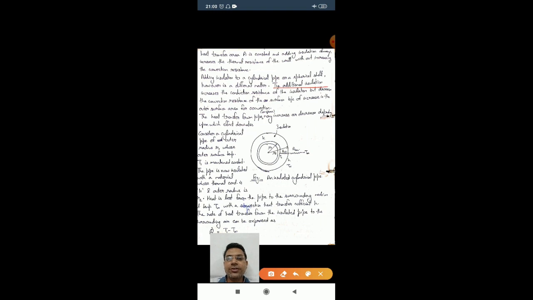The additional insulation we put on the cylinder or sphere increases the conduction resistance, because of the L upon R, ln R2 by R1 part of the insulation, but decreases the convection resistance. You must know that convection resistance is 1 upon hA, because of the increase in the outer surface area for convection. So area is increasing, therefore resistance is decreasing.